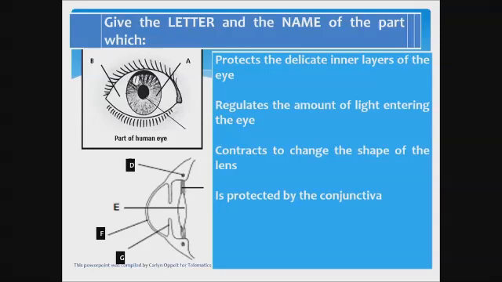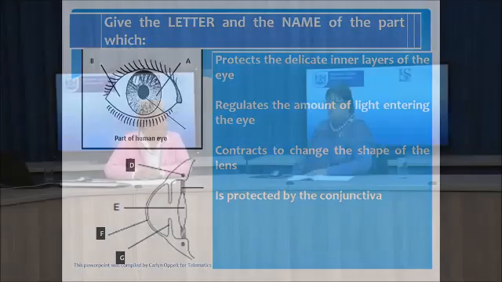Can we just stop there for a minute? Because that is also one of the questions where learners are very confused. Remember, this is the part of the eye that regulates the amount of light that enters the eye. But the pupil is not the answer, because the pupil is only a hole, as we said earlier, and it only allows light to enter.